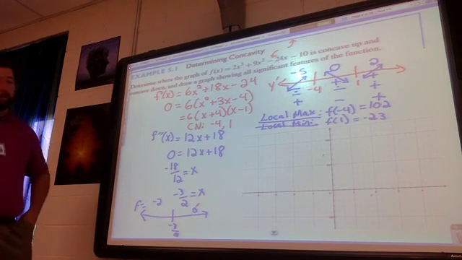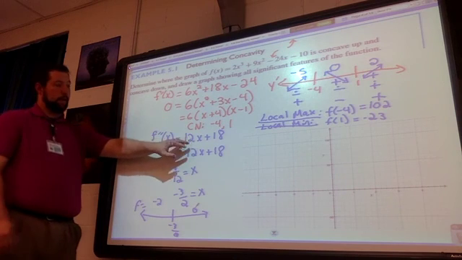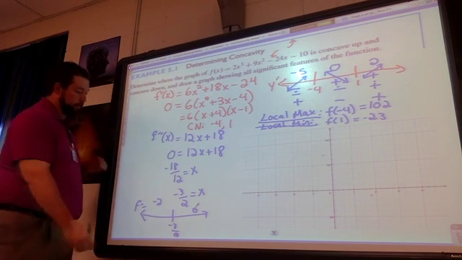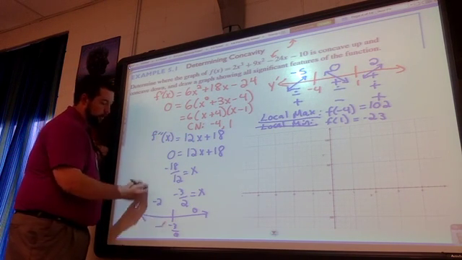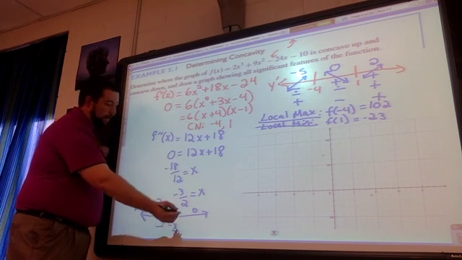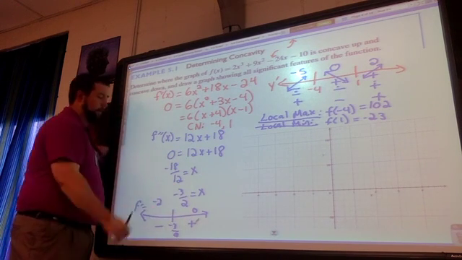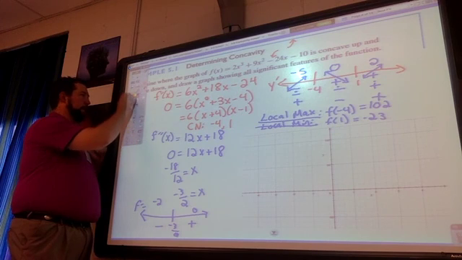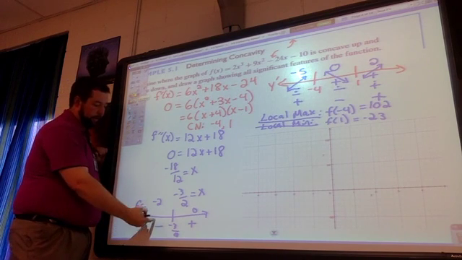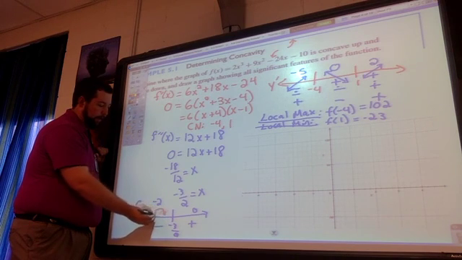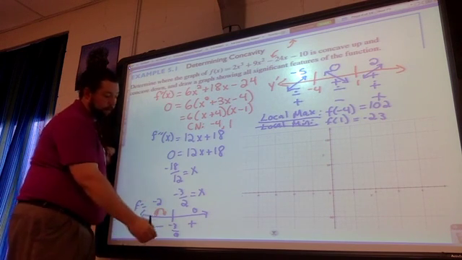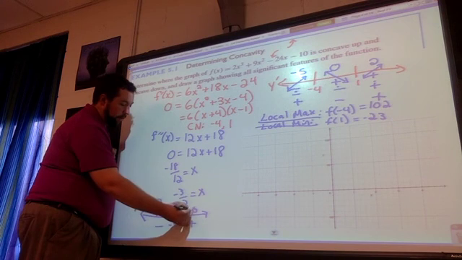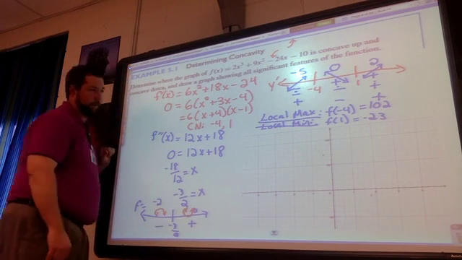So we plug a -2 into the second derivative. -24 plus 18 will give me negative. And if I plug a 0, I get positive 18, so it's positive. So what that tells us based on that previous theorem is between -infinity and -3/2, I'm concave down. Between -3/2 and infinity I am concave up.